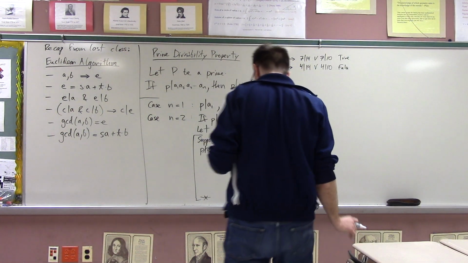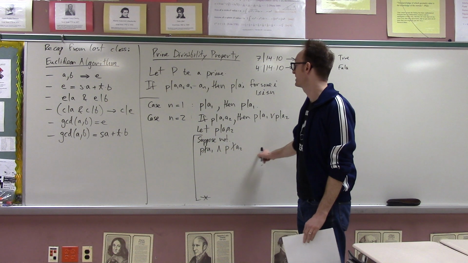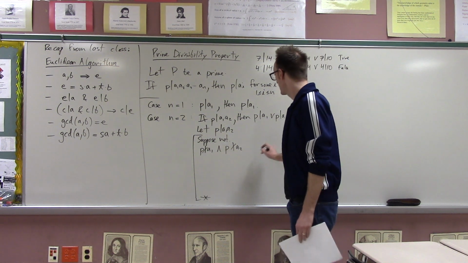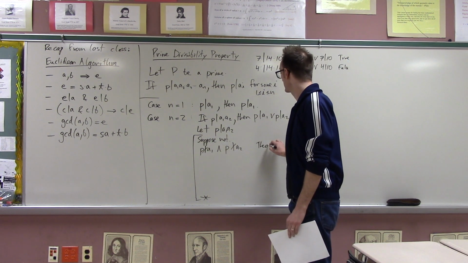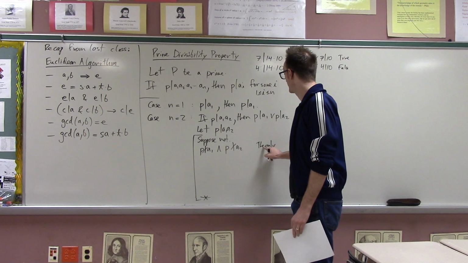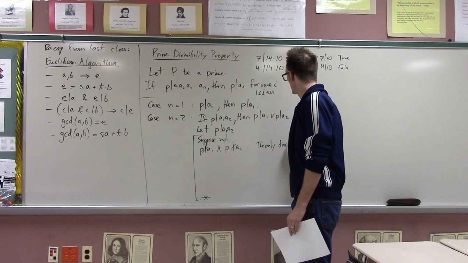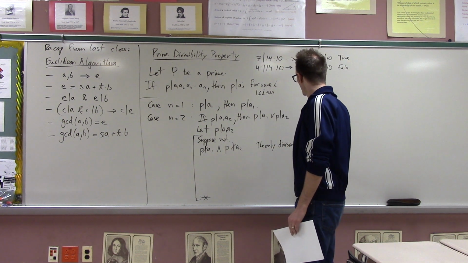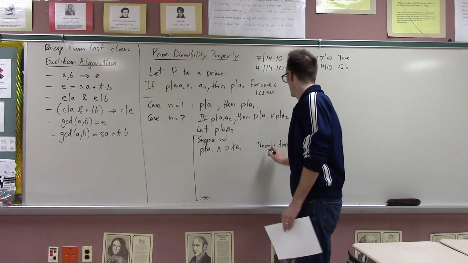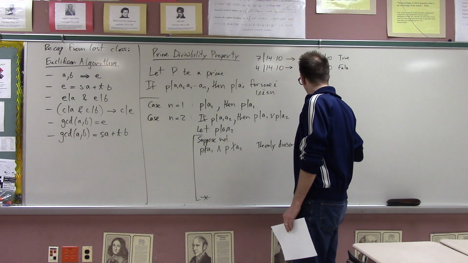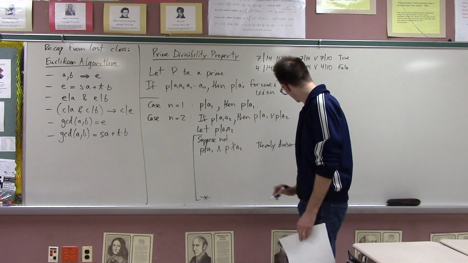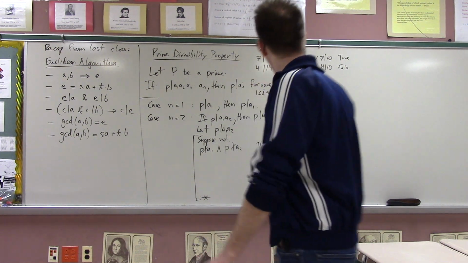First of all, p is prime, right? So since p is prime, the only divisors of p are p and 1. That's just the definition of prime.